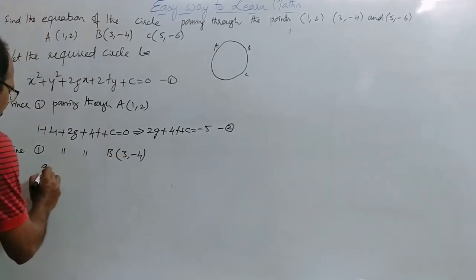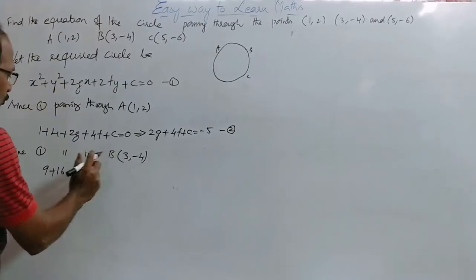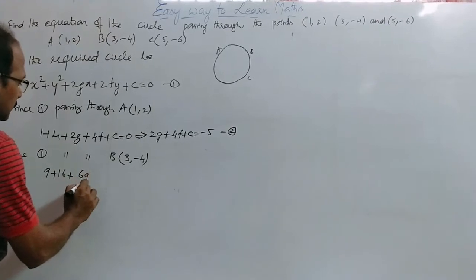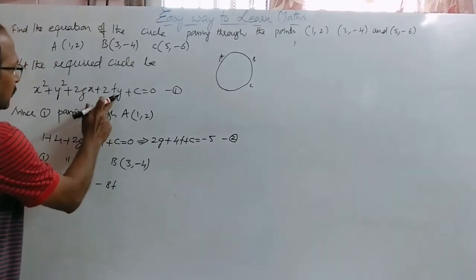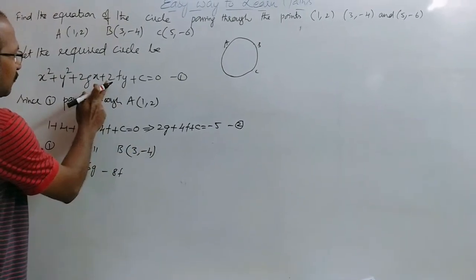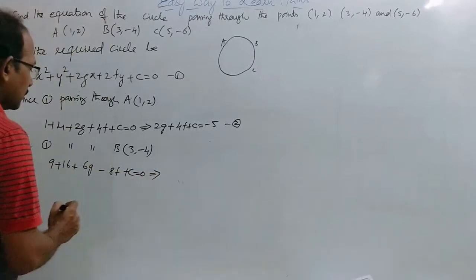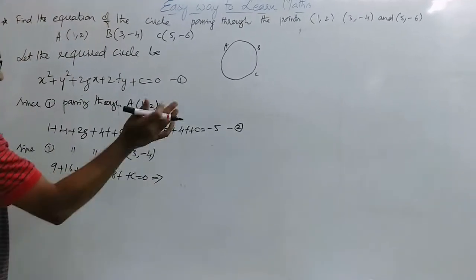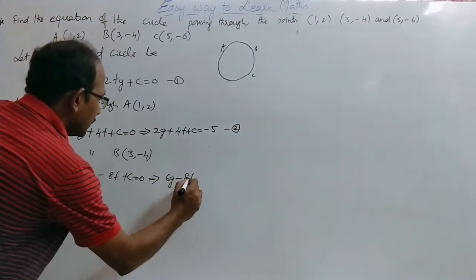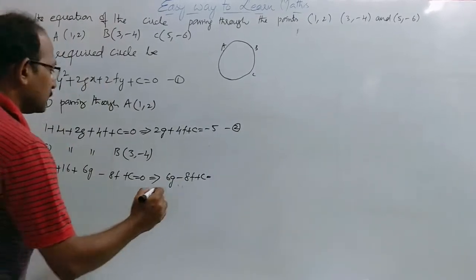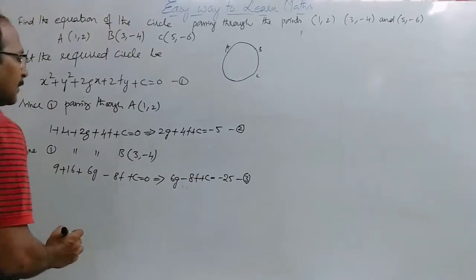Therefore x square means 3 square 9 plus minus 4 whole square 16 plus 2g into 3 becomes 6g, plus 2f into minus 4, minus 8f, plus c is equal to 0. Again 16 plus 9, 25, shifting to RHS. Therefore 6g minus 8f plus c is equal to minus 25, say equation 3.